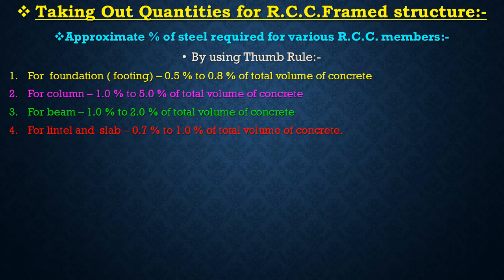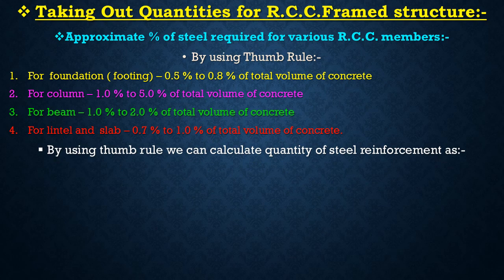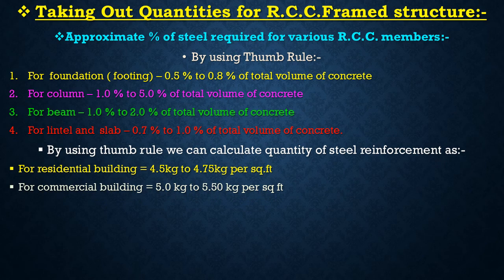And last, for lintel and slab, 0.7% to 1% of total volume of concrete. By using thumb rule, we can calculate the quantity of steel reinforcement as: for a residential building 4.5 kg to 4.75 kg per square feet. For a commercial building 5 kg to 5.50 kg per square feet.